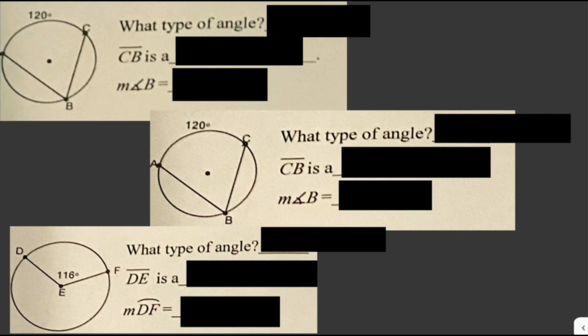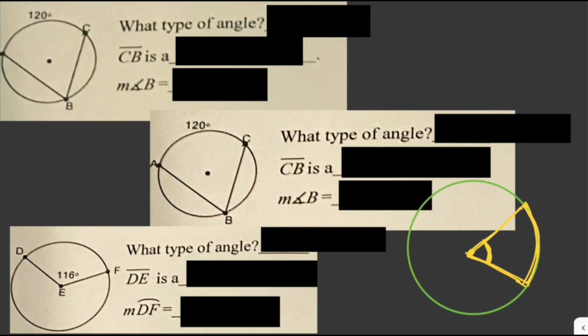So the central angle is the angle formed by two radii. This one radius and one radius here, from the center of the circle. So this is our central angle, and this one is just equal to the intercepted arc.